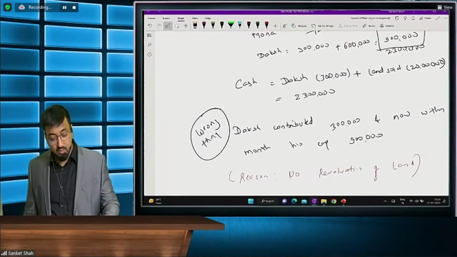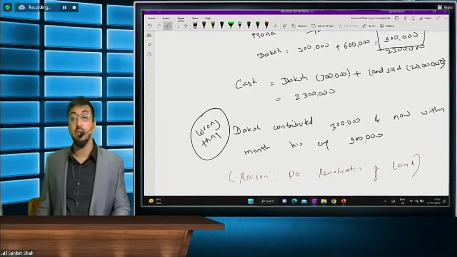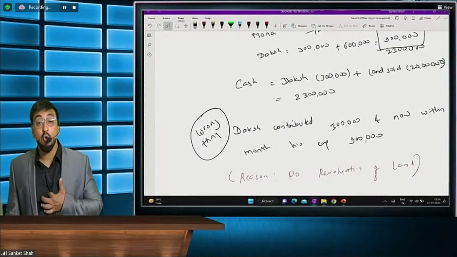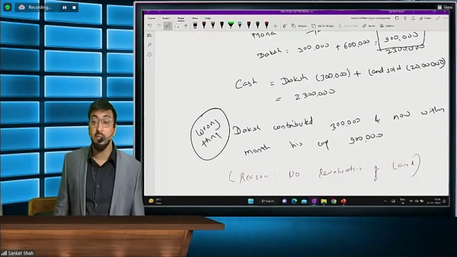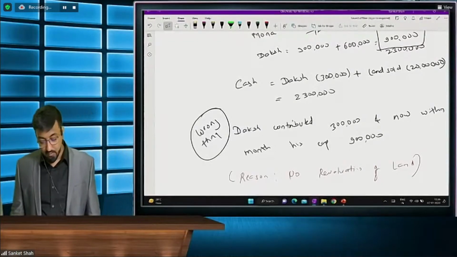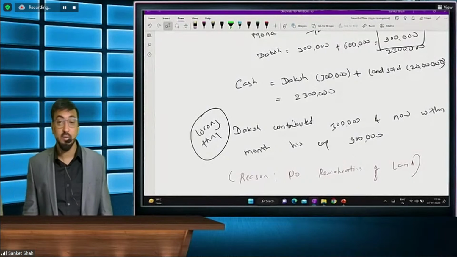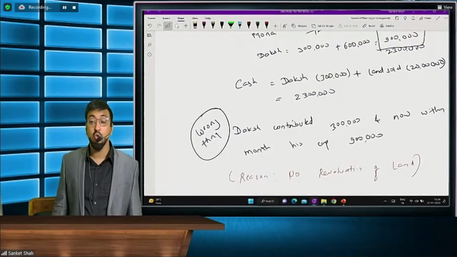You got the concept? Why revaluation is important? So what is the logic behind it? If you don't revalue, then what happened? Say, tell me. Then what happened if there is no revaluation? चलो जल्दी से बताओ. क्या समझ में आया ये स्टोरी से आपको? ये स्टोरी क्यों बताई मैंने आपको?